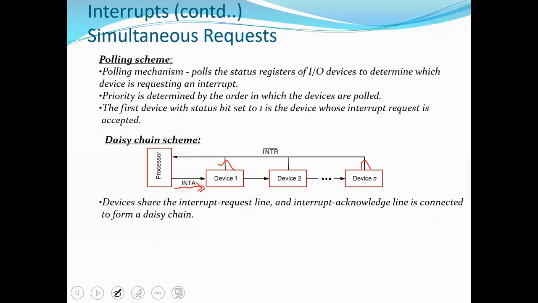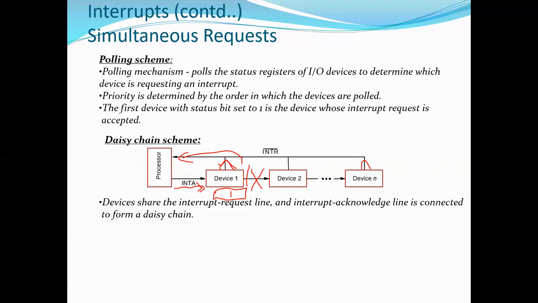So when acknowledgement is sent to the first device which has sent the interrupt request, correct? So status flag is set to 1. So what it does, it does not send the acknowledgement to the next device. The acknowledgement is stopped and the transfer of data takes place between the processor and the device 1.